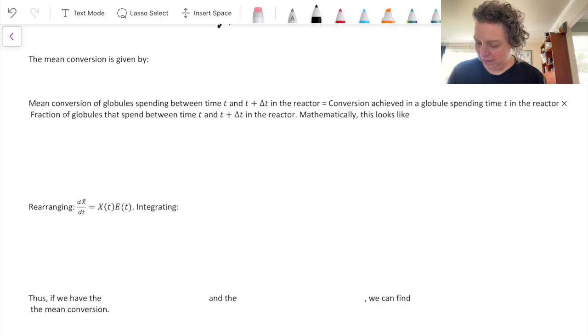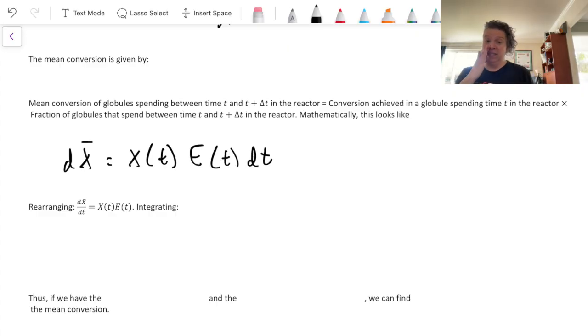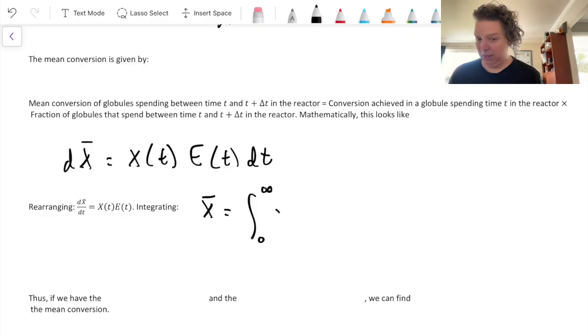Mathematically, what that looks like is I'm going to have my mean conversion equal to x of t times e of t dt, where e of t is my residence time distribution. I can then rearrange this into a mole balance to get this expression. And if I integrate that, I get my average conversion is going to be the integral from 0 to infinity of x of t, e of t, dt.